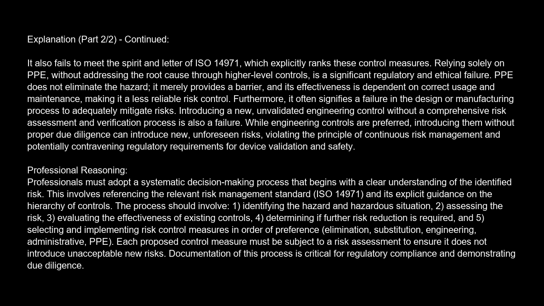Assessing the risk, 3. Evaluating the effectiveness of existing controls, 4. Determining if further risk reduction is required, and 5. Selecting and implementing risk control measures in order of preference: elimination, substitution, engineering, administrative, PPE. Each proposed control measure must be subject to a risk assessment to ensure it does not introduce unacceptable new risks.